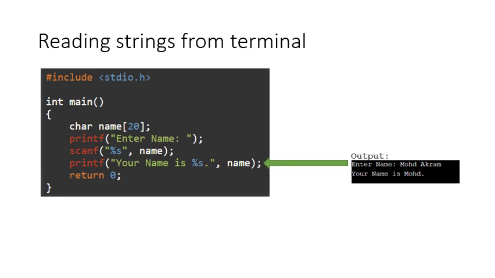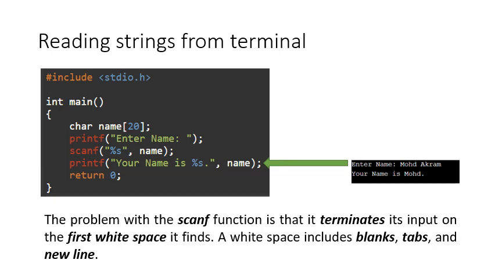So this is the problem with %s. When you try to enter a string which has white space, there is a problem. The problem with the scanf function is that it terminates its input at the first white space it finds. Whenever scanf finds the first white space, it terminates and returns.